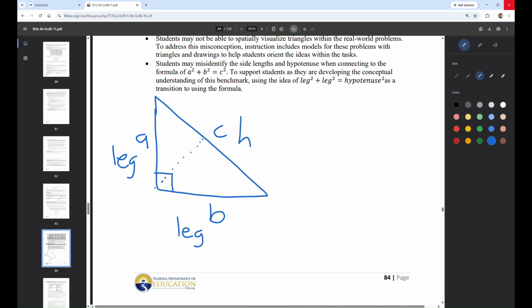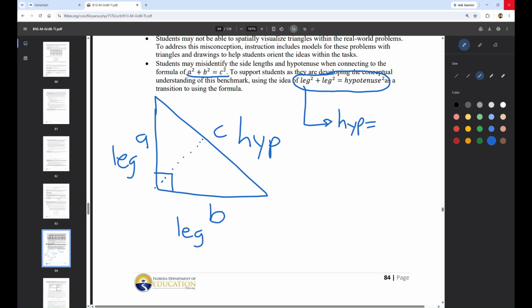Once you have identified the sides of the triangle, then instead of writing a squared plus b squared equals c squared, you can write leg squared plus leg squared equals hypotenuse squared, right? But you should signify leg A or leg B or leg 1 or leg 2 when you use your formula.